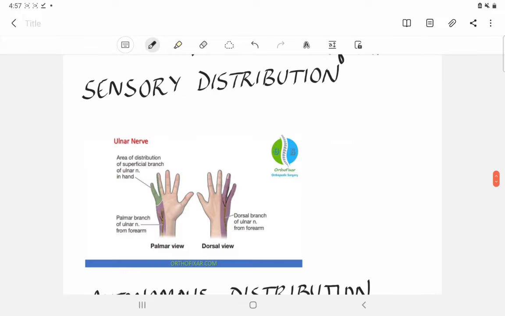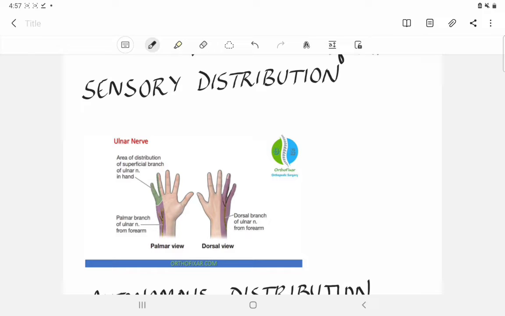The sensory distribution of the ulnar nerve: basically the ulnar nerve supplies the medial 1.5 fingers, both in the palmar aspect as well as in the dorsal aspect. This diagram will help us to talk about the palmar branch of the ulnar nerve in the forearm, the superficial branch of the ulnar nerve, and then you have the dorsal branch of the ulnar nerve from the forearm.